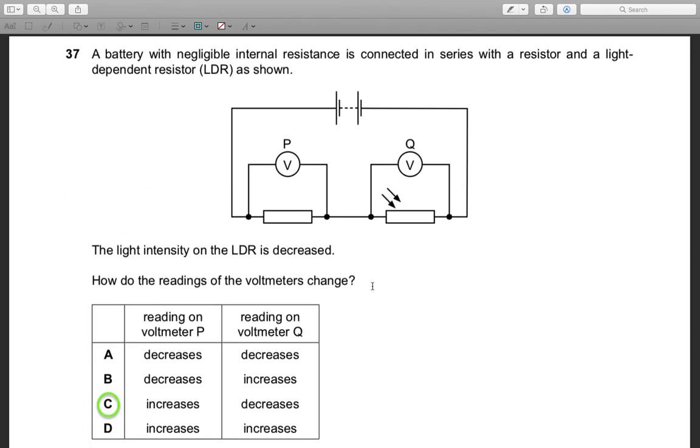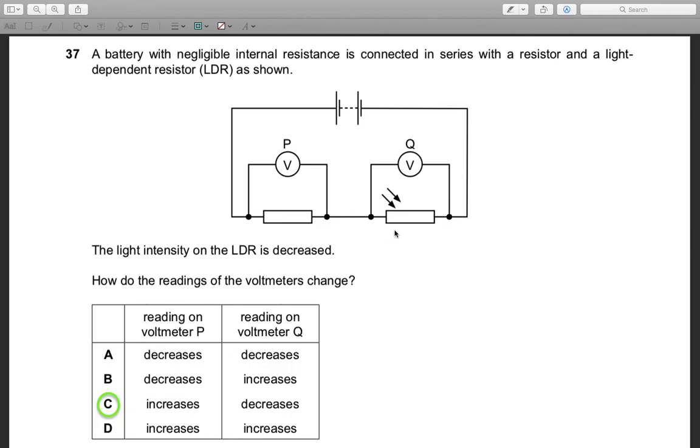37. A battery with negligible internal resistance is connected in series with a resistor and a light dependent resistor, or LDR, as shown. The light intensity is decreased. How do the readings of the voltmeters change? If the LDR resistance is decreased, the reading of the voltmeter will be increased.